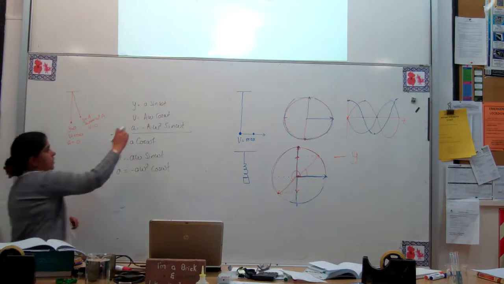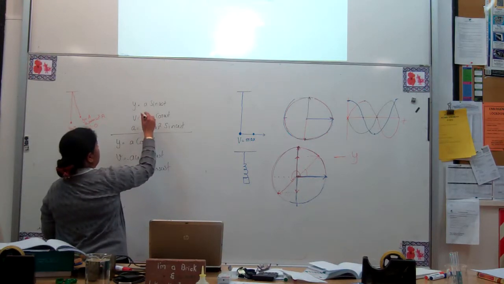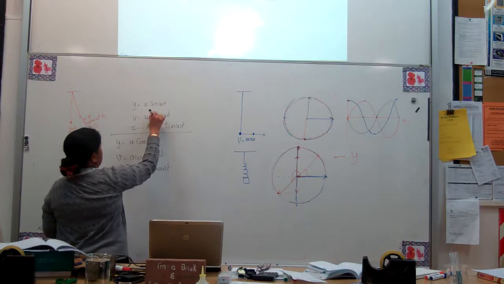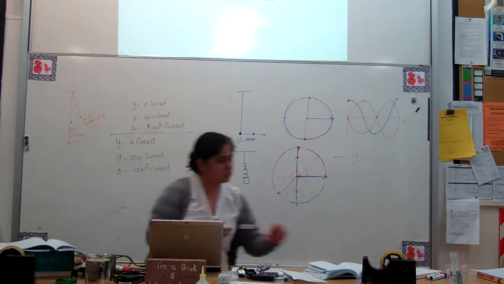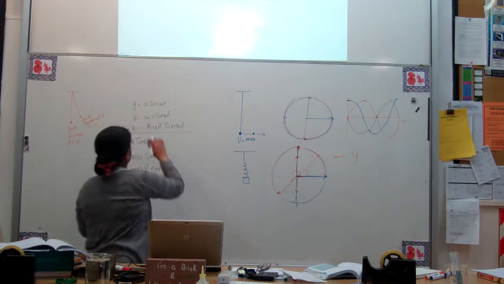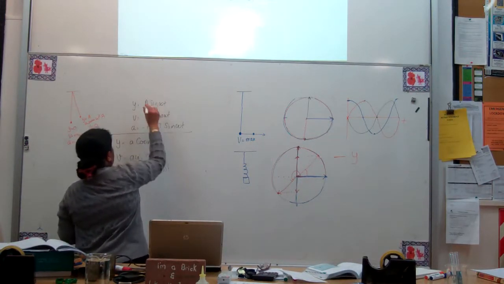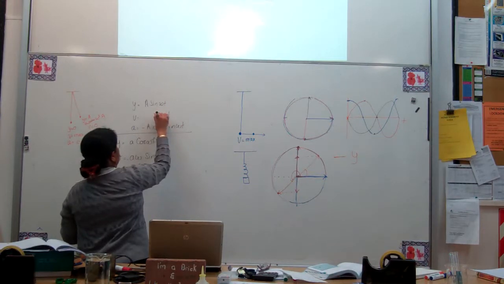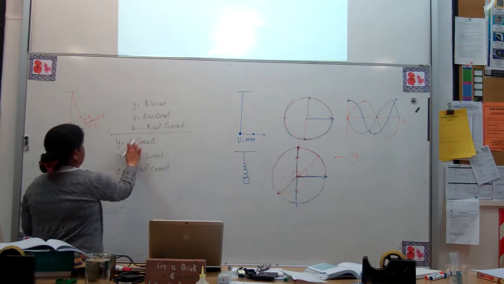In fact, it will be better if I put what is used in the book. They have used A. Y is A sine omega t, and then I use A omega squared.